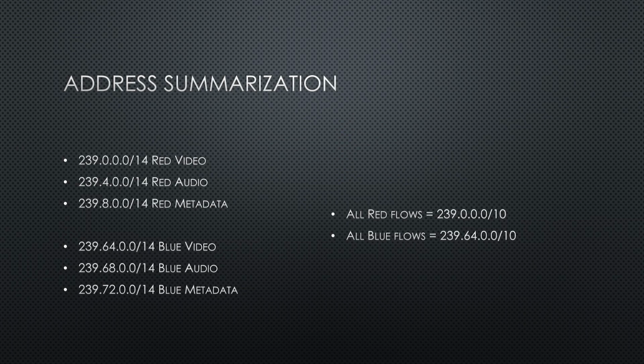And then what that lets you do is specify them in larger chunks. So all the red flows could be summarized by 239.0.0.0/10, which is then helpful when configuring the switches, say rendezvous point in PIM, or perhaps ACLs to limit leakage in the purple scenario that we looked at earlier.